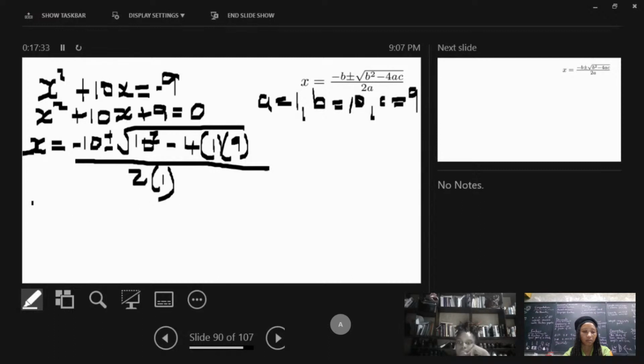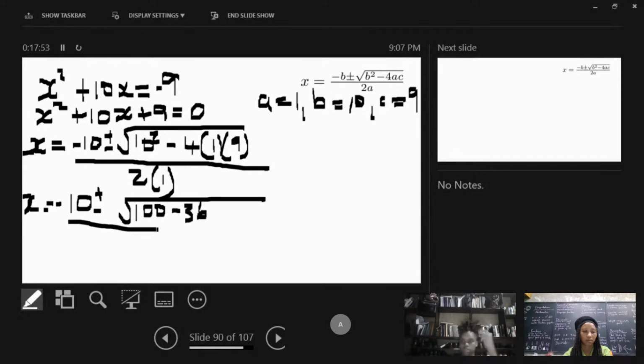So 10 squared is 100, minus 4 times 1 times 9, which is minus 36, all over 2, since 2 times 1 is 2.